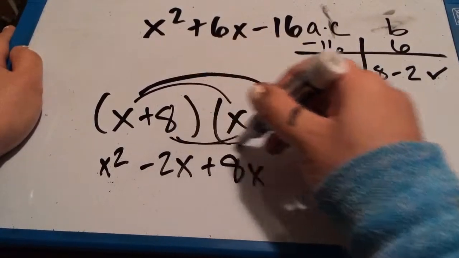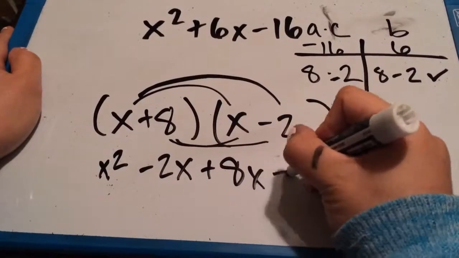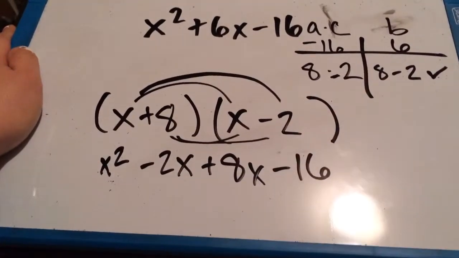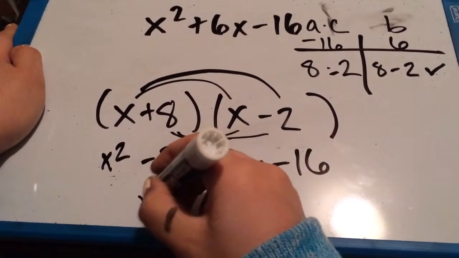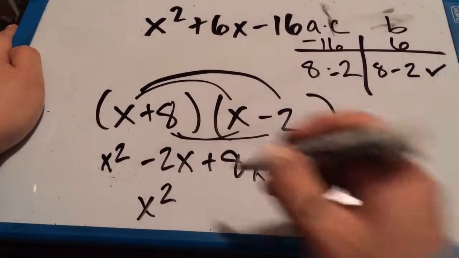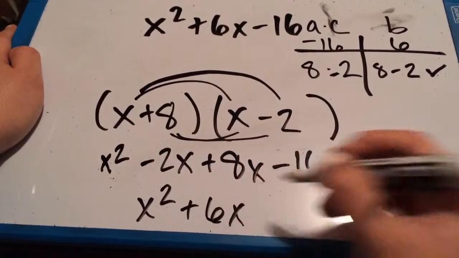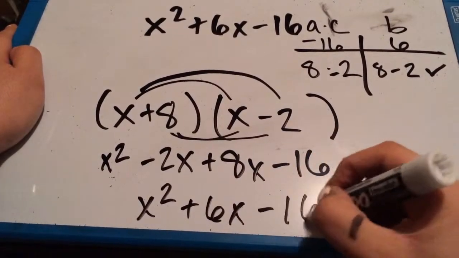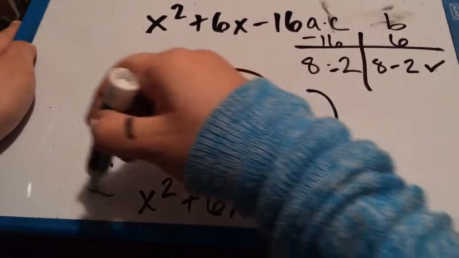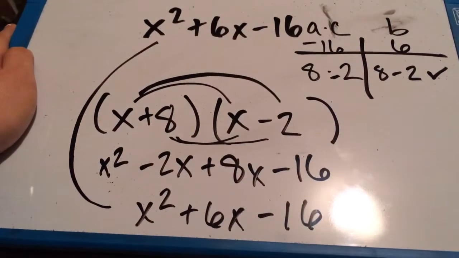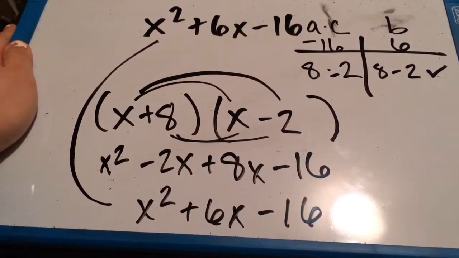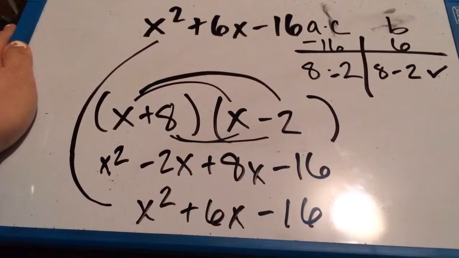And 8 times a negative 2 is negative 16. Combine your like terms, and you get x squared, a positive 6x, and a negative 16. And that matches with our original trinomial. So that means that we did it right.